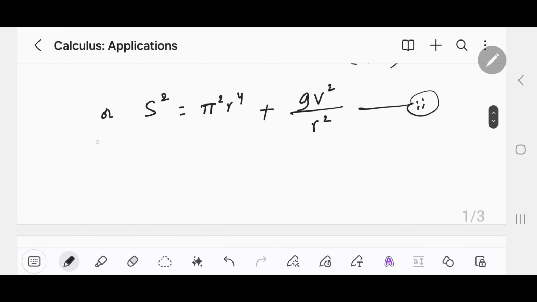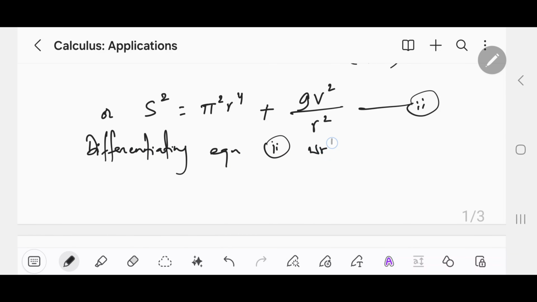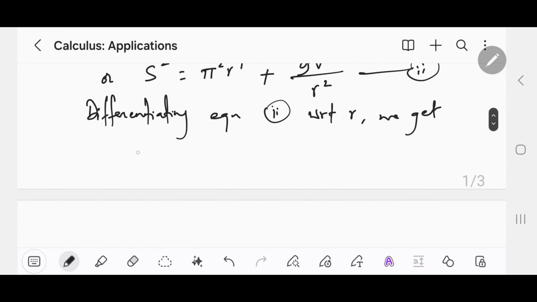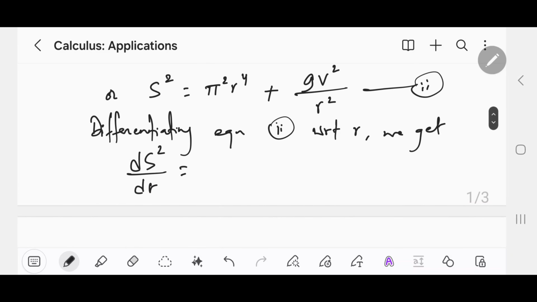Now, differentiating equation second with respect to r, we get dS square by dr equals to, r power 4 derivative will be 4r cube, right?